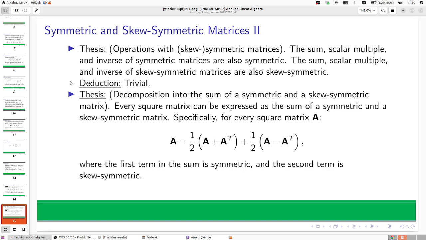For the symmetric and skew symmetric matrices, the sum, the scalar product, and the inverse are also symmetric and skew symmetric, respectively.